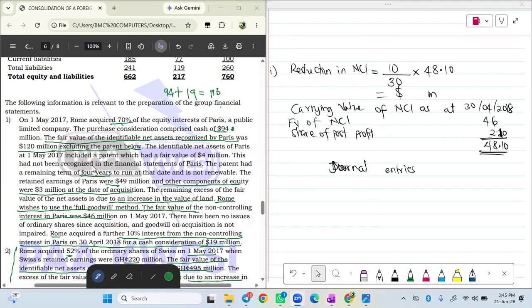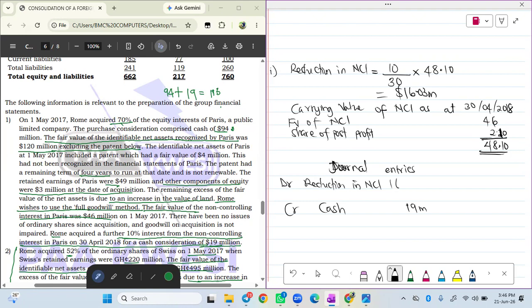Now, step acquisition, you are crediting cash. So you credit cash. The cash that you paid was 19 million for the extra 10%. Then you debit the reduction in NCI. So the reduction in NCI, what is the amount? 10 over 30 times 48.1, which is 16.03.